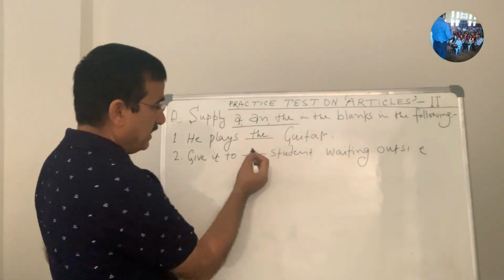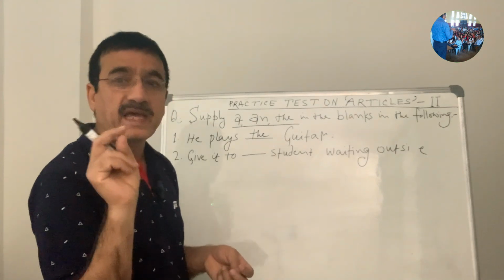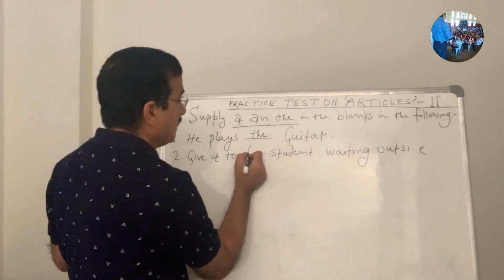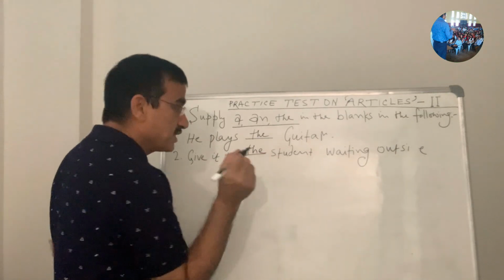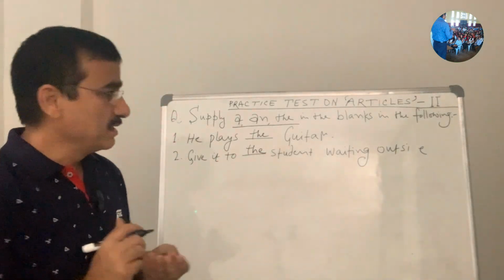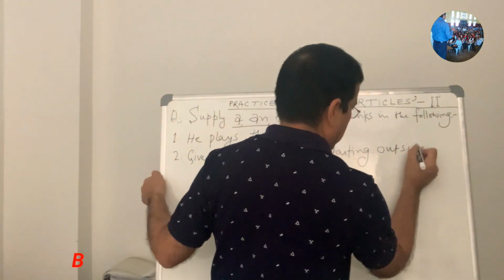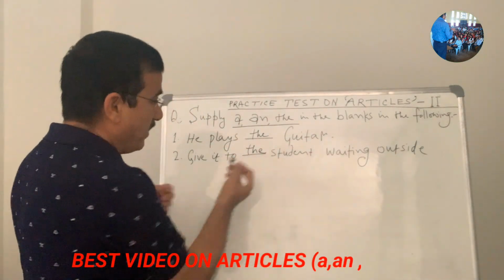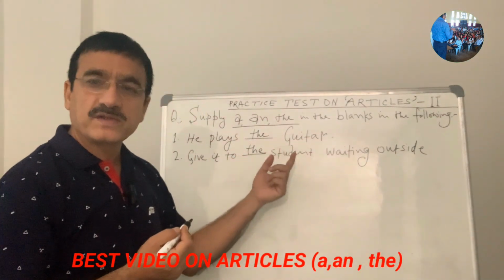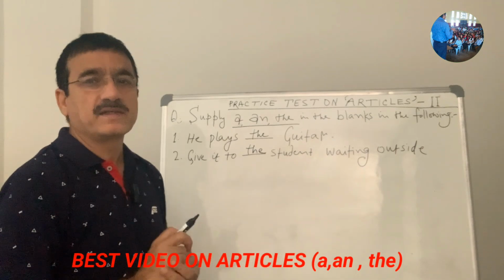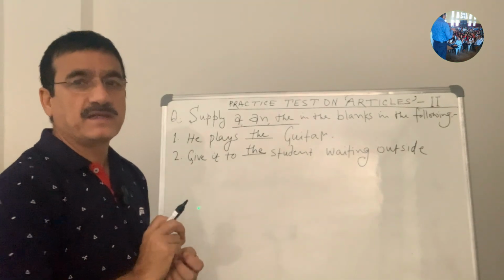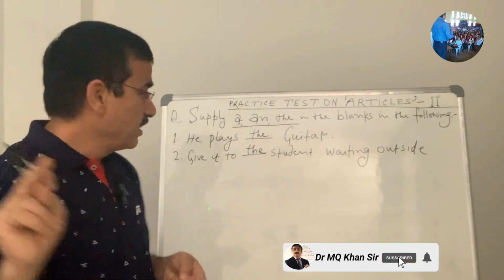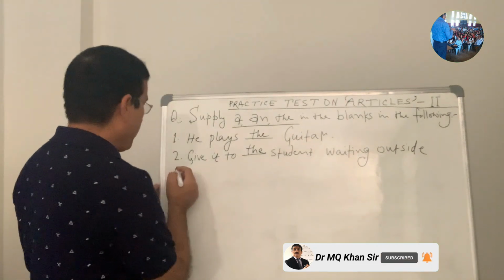So here a definite, exact, accurate student is referred to. Give it to the student waiting outside. Now, why the? Because it talks about a particular, exact, definite student, not any student, but the particular student who is waiting outside.